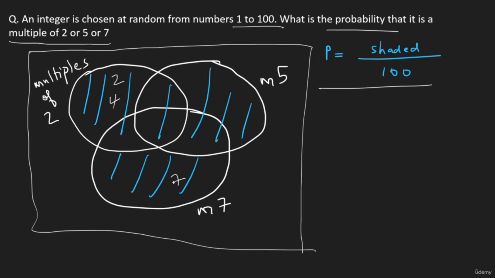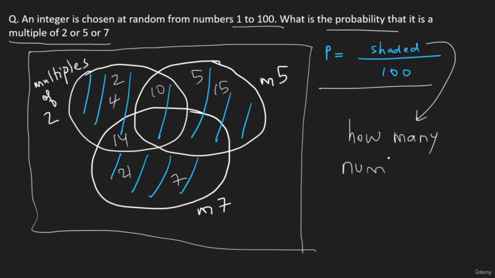For example, 7, 14 would be a multiple of 2 and 7, so it will come over here. 21 will be over here, 28 would be over here, etc. And the multiples of 5 will be over here, 5 is over here, 10 is over here, 15 is over here, 20 is over here, etc. So all the numbers which are either multiples of 2 or 5 or 7 will come in this shaded region. So we just need to find how many numbers are there in this shaded region.